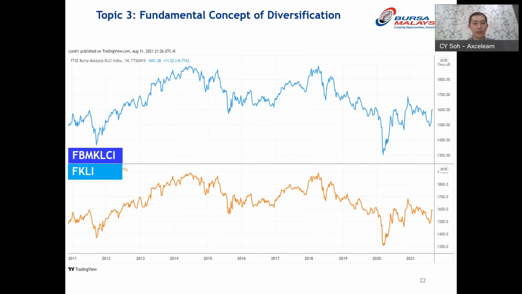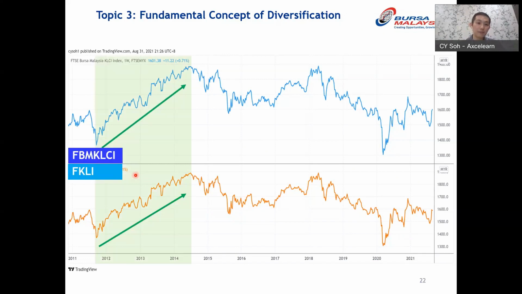Let's go with high correlation first. Here on this chart, on the top, this is the FBM KLCI, which represents the stock market, and another futures product that you trade is FKLI. Let's see their movement, whether they are highly correlated or lowly correlated.